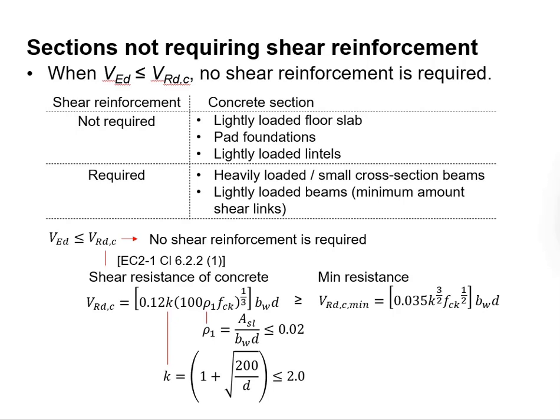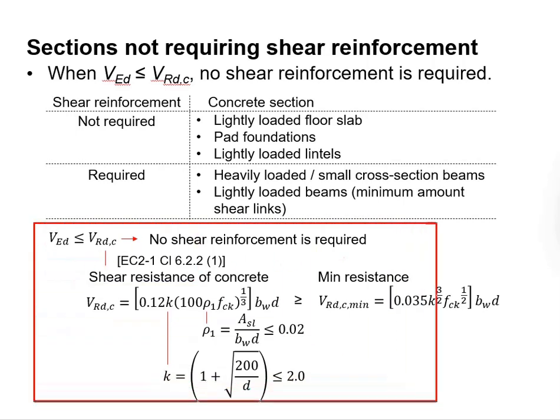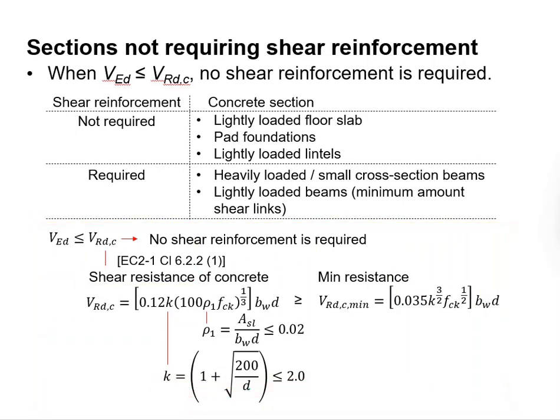Now, if you could recall our previous chapters regarding the design for shear, when you encounter large sections like slabs, which are lightly loaded, there is a process for you to calculate the shear capacity.